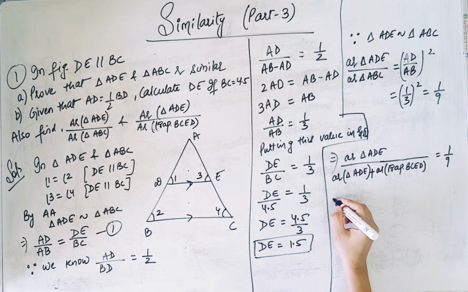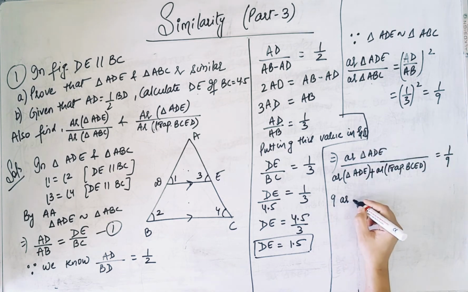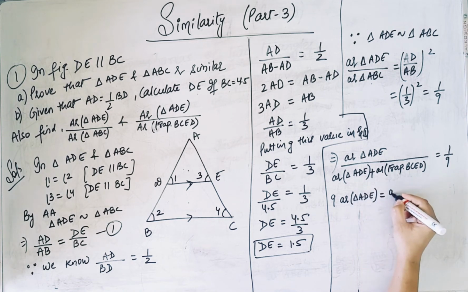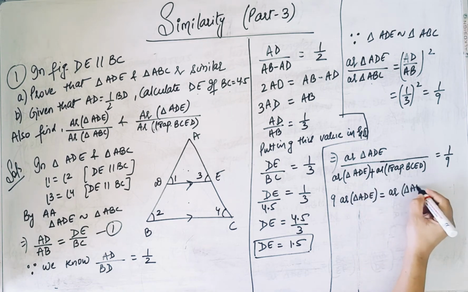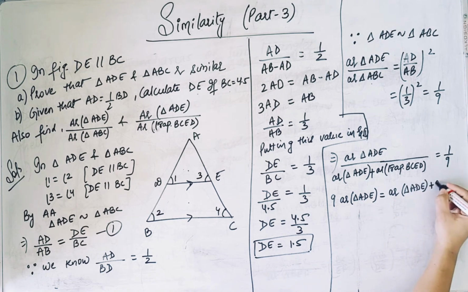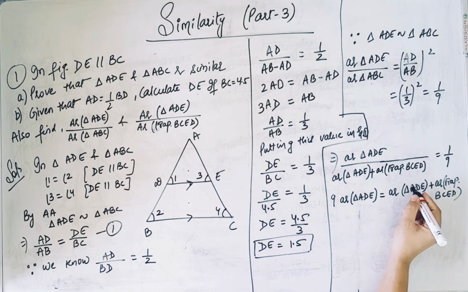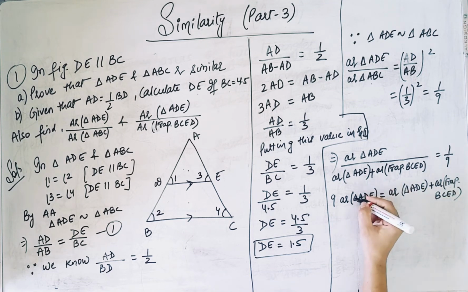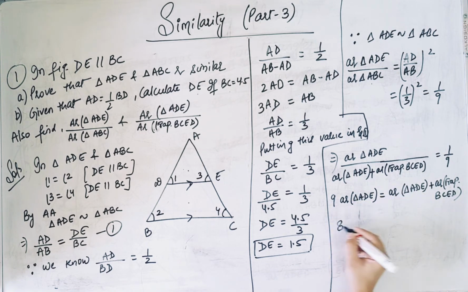So multiplying, I'll get 9 times area of triangle ADE equals area of triangle ADE plus area of trapezium BCED. Shifting this triangle ADE to this side, 9 minus 1, I'll get 8.